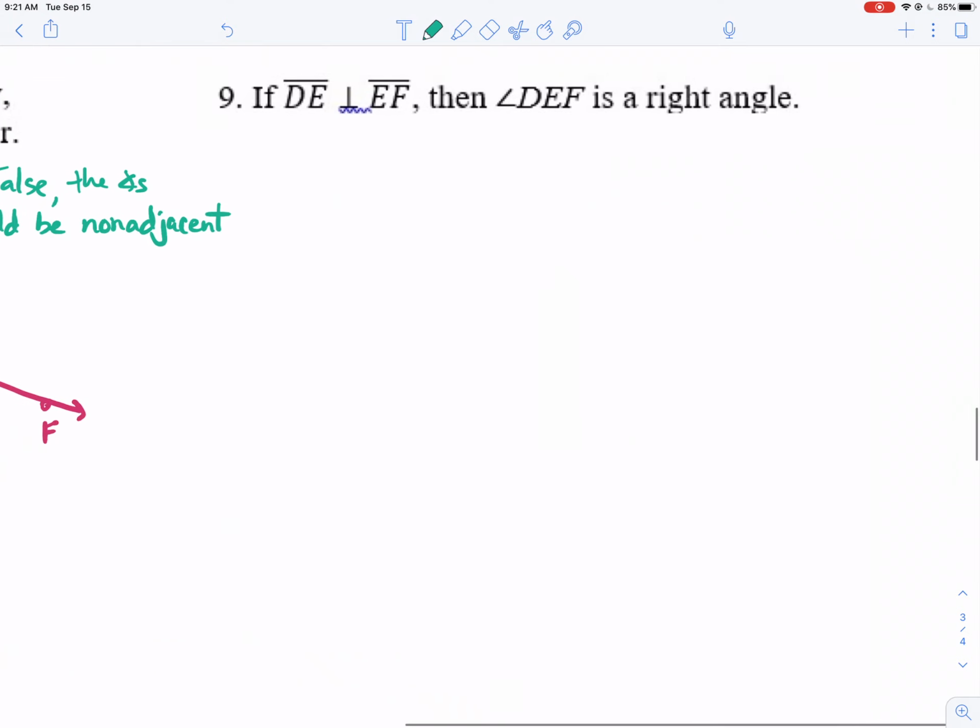All right, last one. I apologize, this was just our perpendicular symbol. And then Microsoft Word didn't like it super well, so it gave us that blue. But so this is telling us that these two segments are perpendicular.